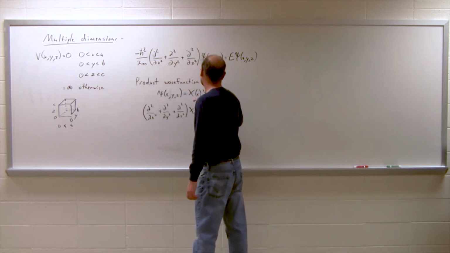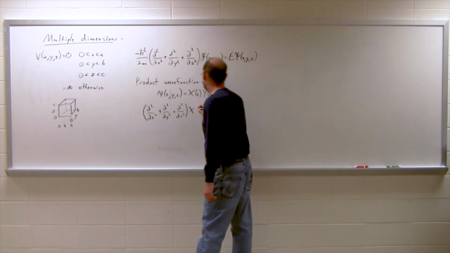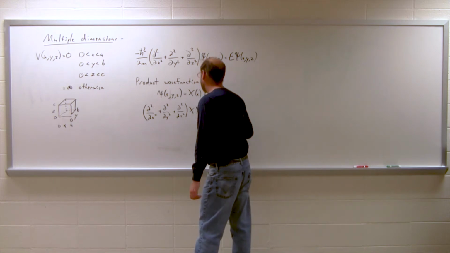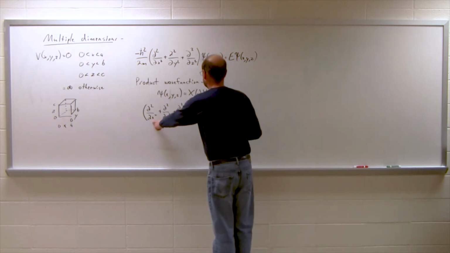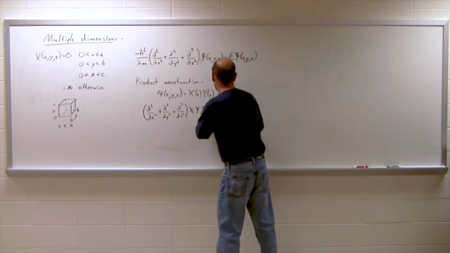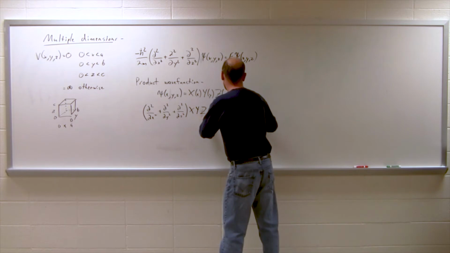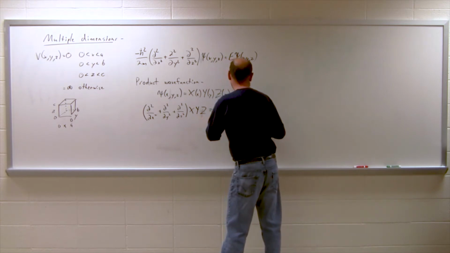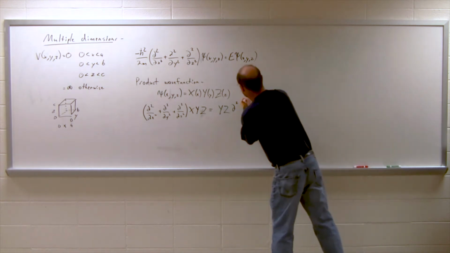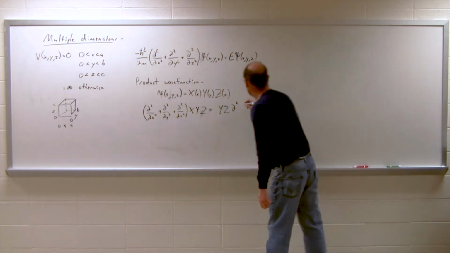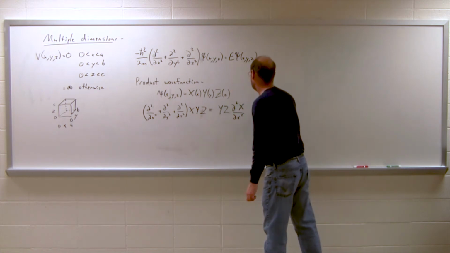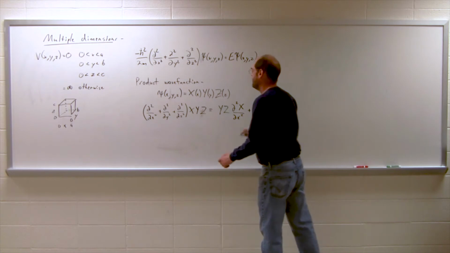I'm going to drop the explicit dependence on x, y, and z, and these X, Y, and capital Z. And what am I going to get? For my first term, Y and Z are not functions of x. Therefore, this will be equal to Y Z times the second derivative of the X function with respect to x squared, plus the same thing here.